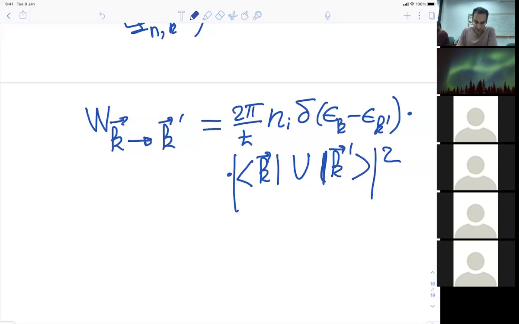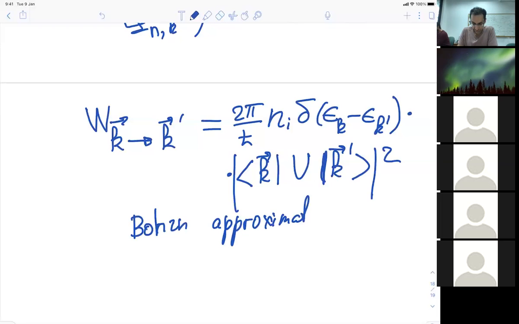This is what's called the first Born approximation, and this thing is called the Fermi golden rule.